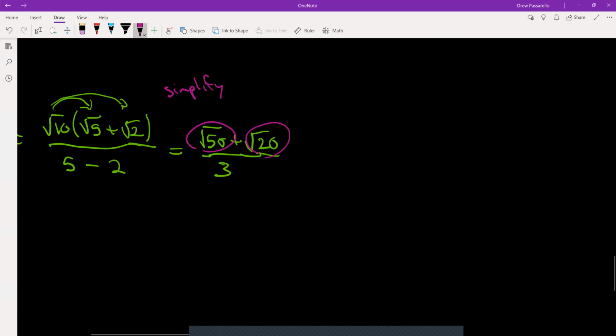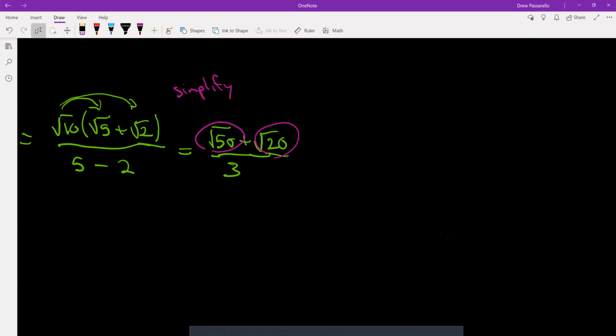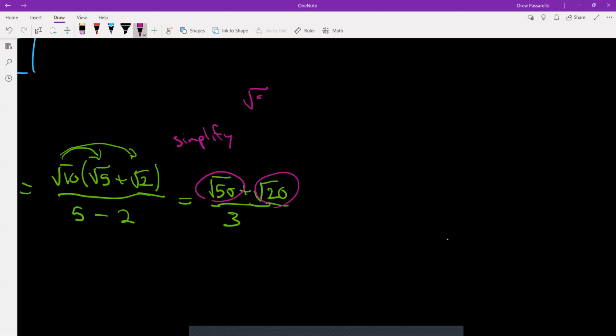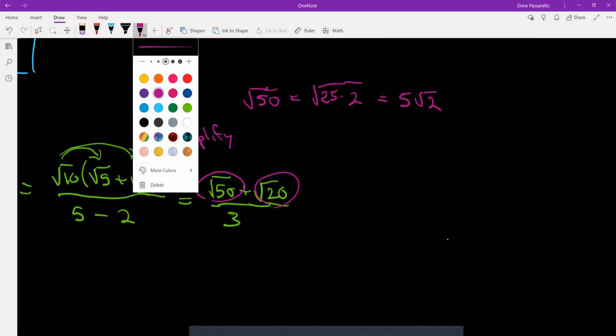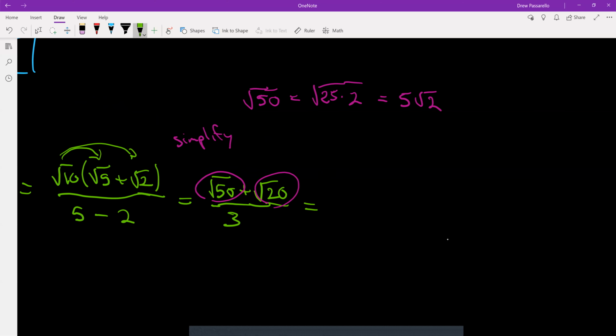I could simplify square root of 50 because 25 times 2 is 50. And you can take the square root of 25, that's 5. So really that's 5 square root of 2. That's what the square root of 50 turns into.